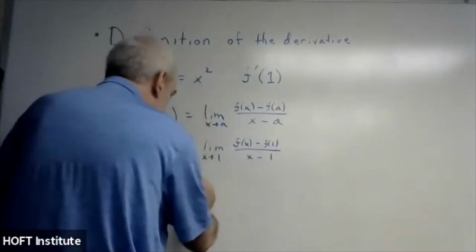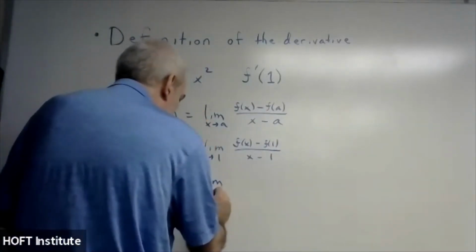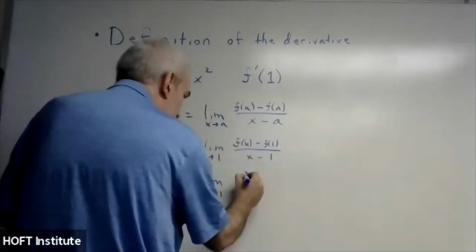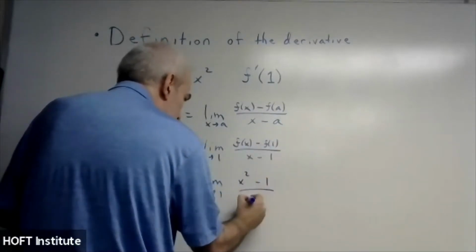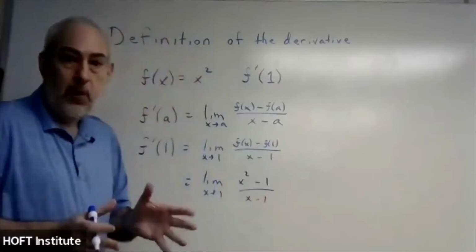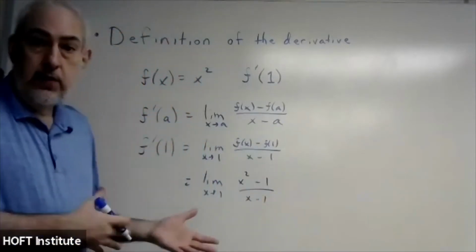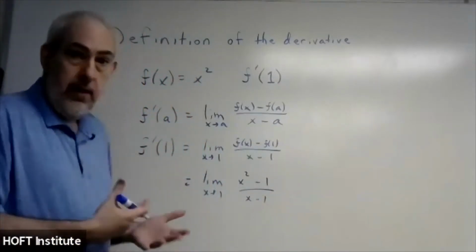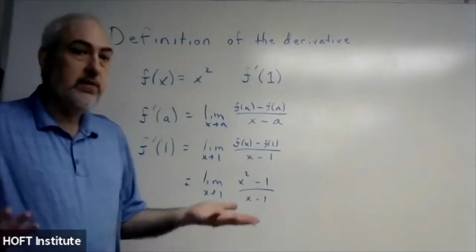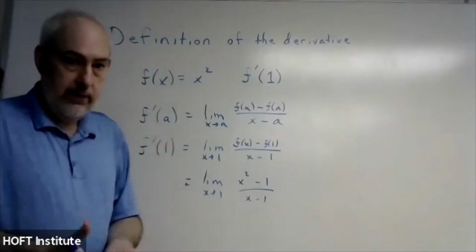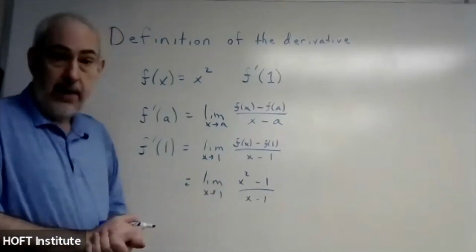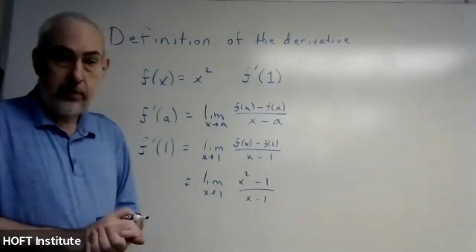Okay. Next, use the definition of f of x so that becomes x squared and that becomes 1 squared, which is simply the number 1. Now we just do the limit of this. If we try to plug in the number 1, we get 0 over 0, which is indeterminate, which means we have to simplify it. Well, the top can be factored into x minus 1 times x plus 1.